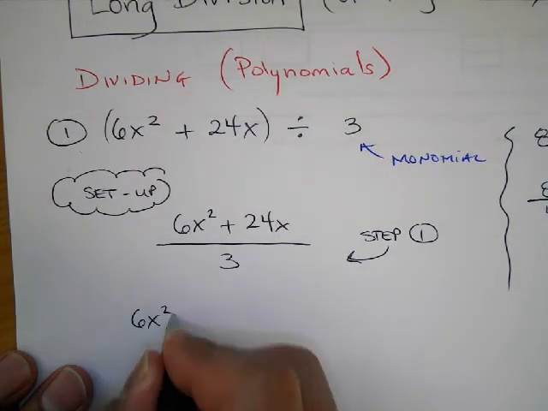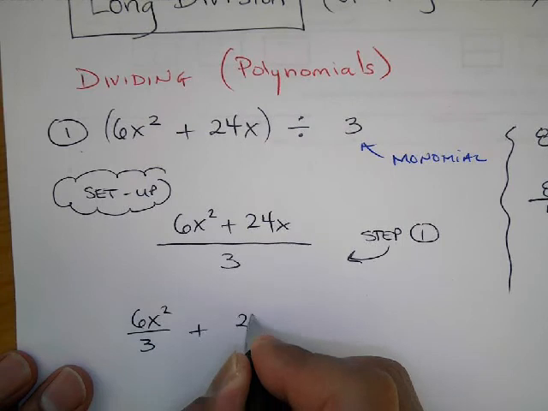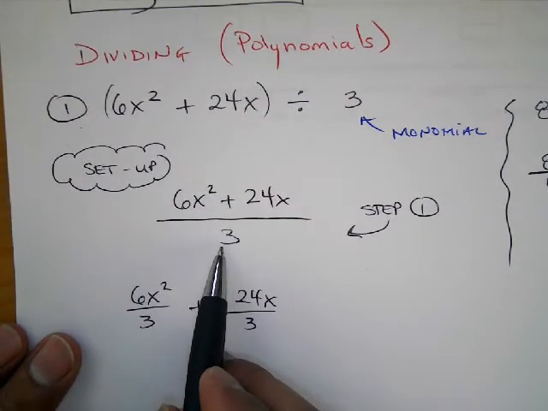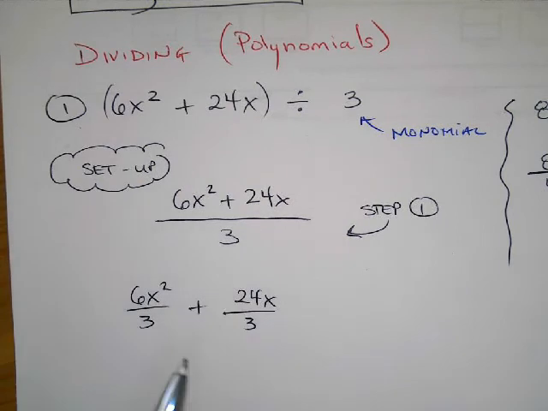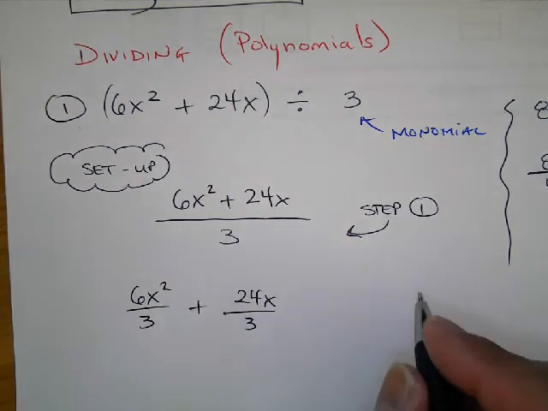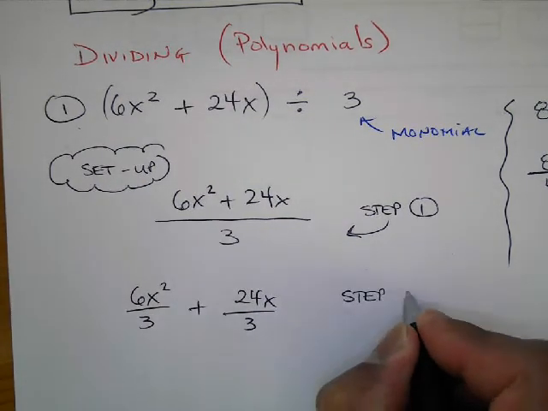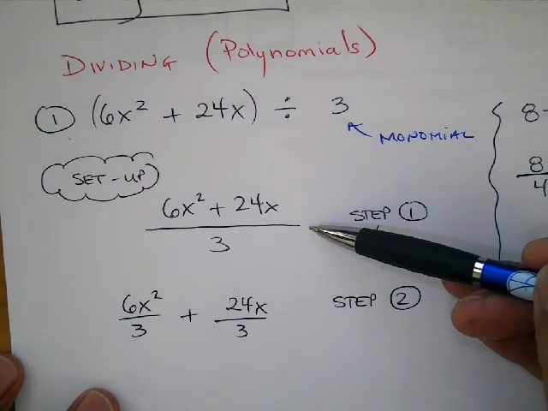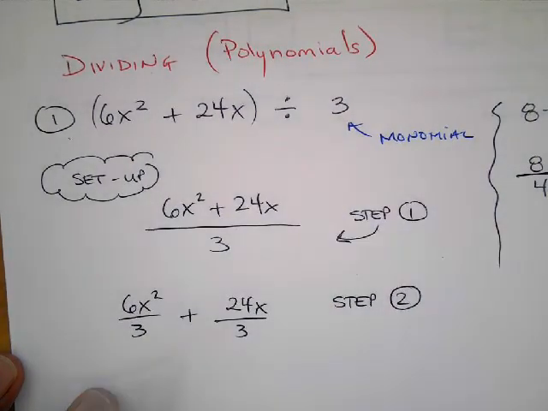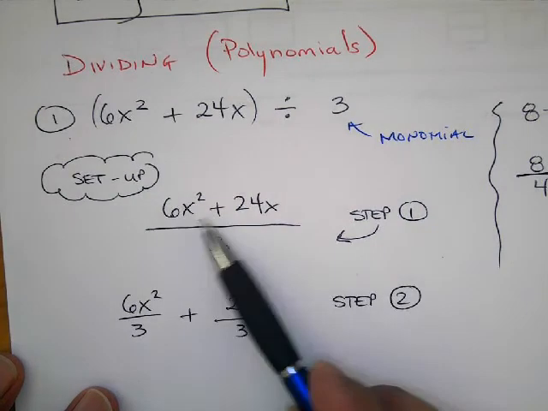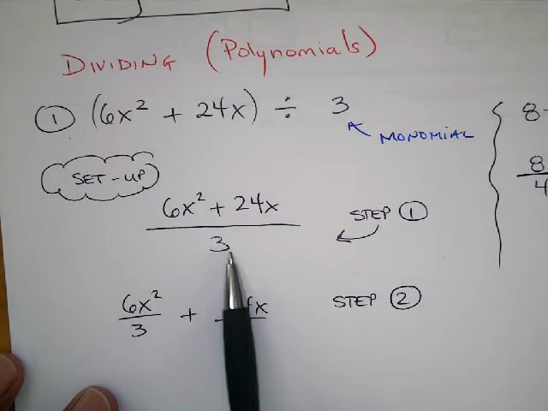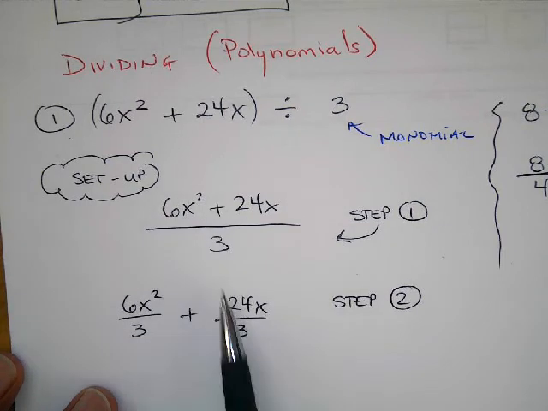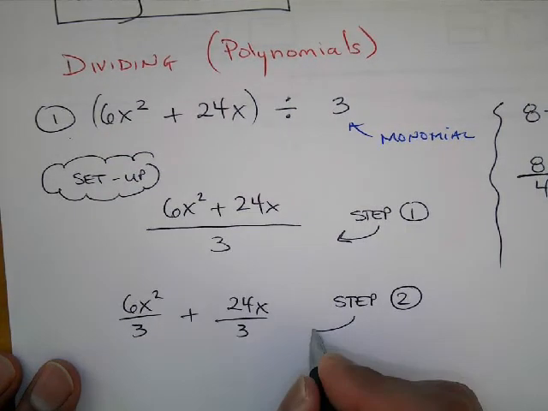So step 2 would be to write this, and each of them get divided by whatever the denominator is, right? So step 1 is to rewrite. Step 2, once you have the polynomial here, write it this way, and now you understand that each one of these gets divided by 3. That's step 2.